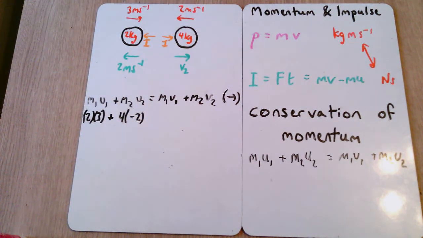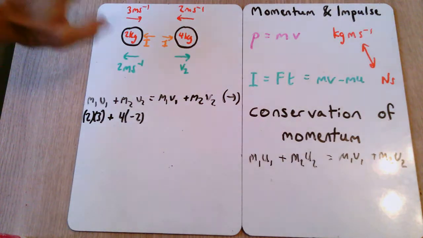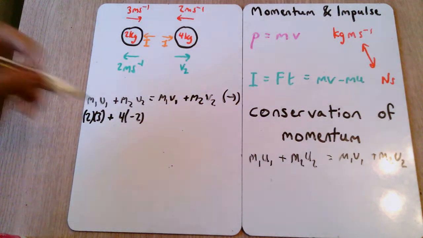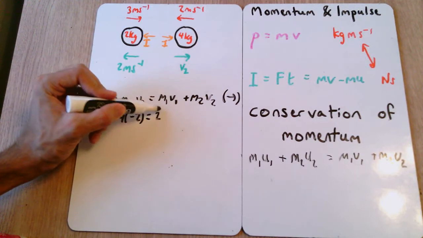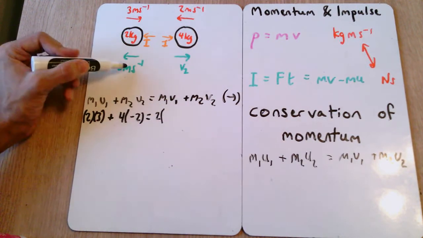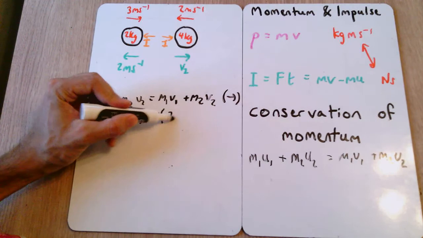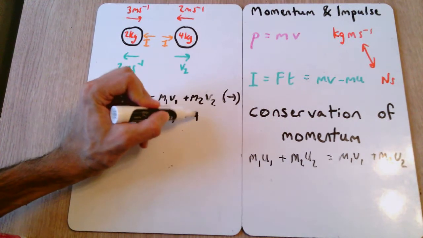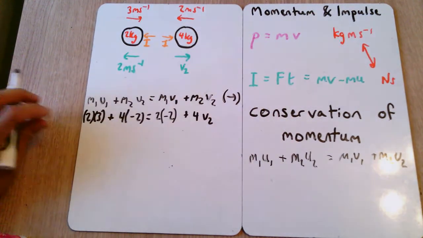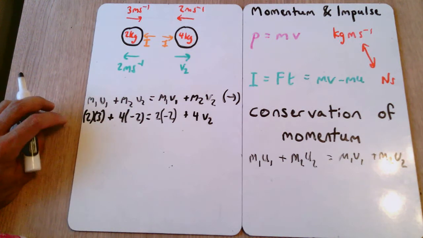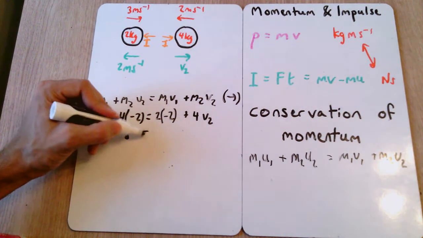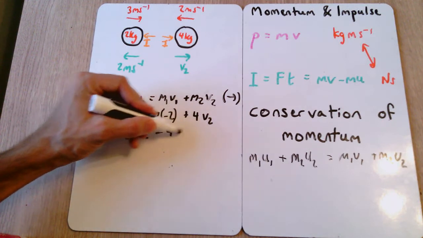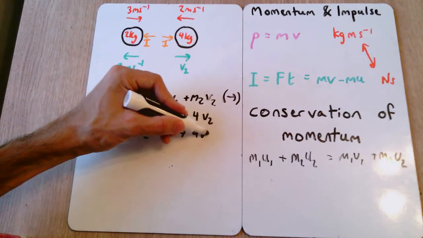This is probably the most common mistake that people make when doing questions like this, is they forget that directions are key to these questions. We then have m1 v1, which is 2 again times minus 2, because this velocity is to the left, plus 4v2. If we now work this out, we end up with 6 minus 8 equals minus 4 plus 4v2.